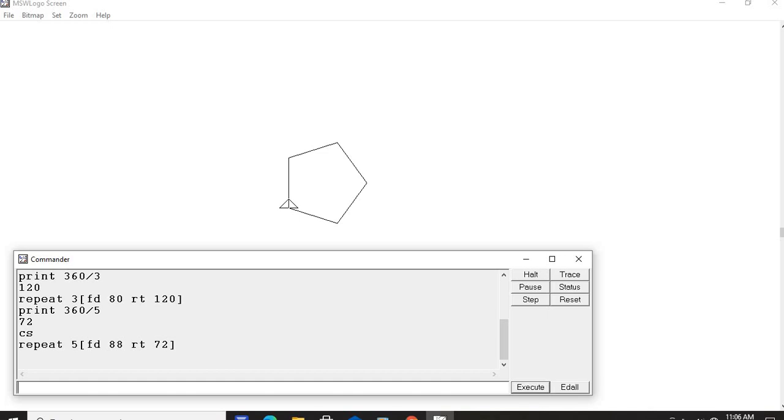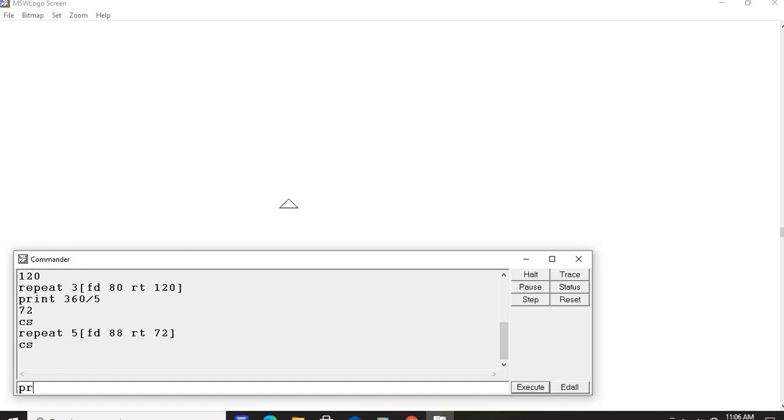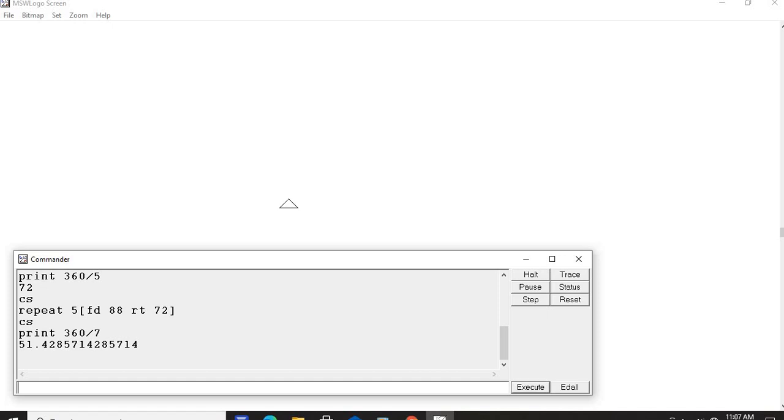Next is the heptagon. A heptagon has 7 sides. So first of all I will give CS, then I will give print 360 / 7. 360 divided by 7 gives me 51. There is some value after the point also, but we will take the whole number, that is 51. So I am giving repeat.